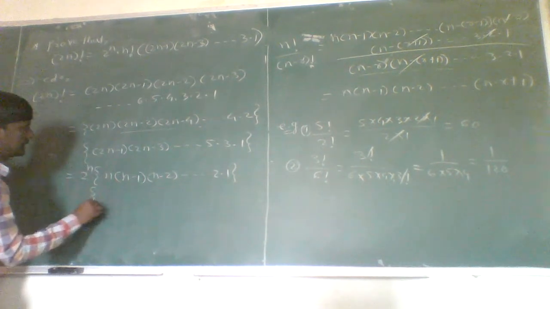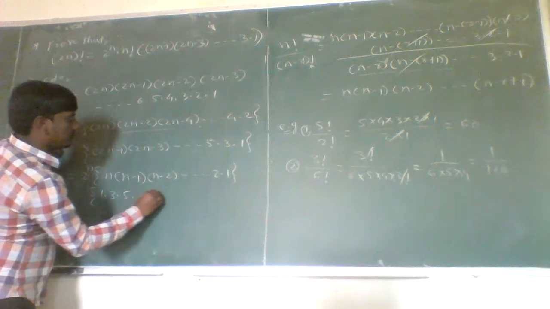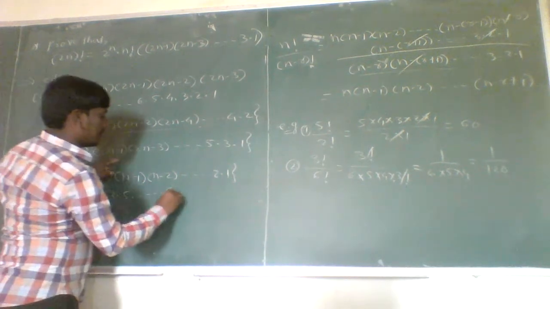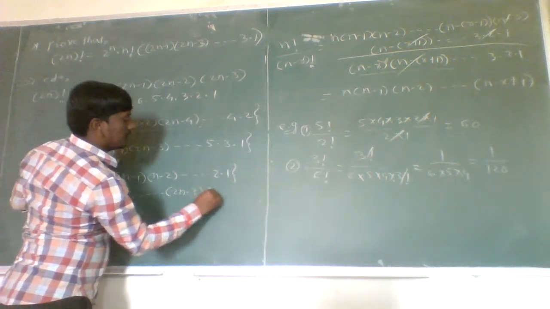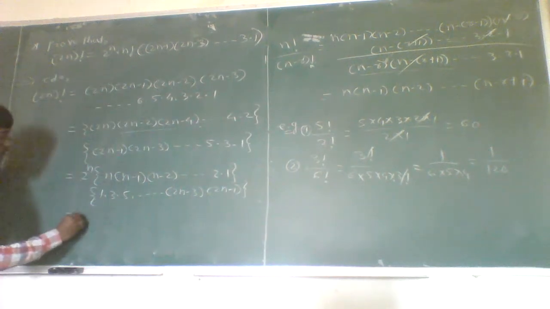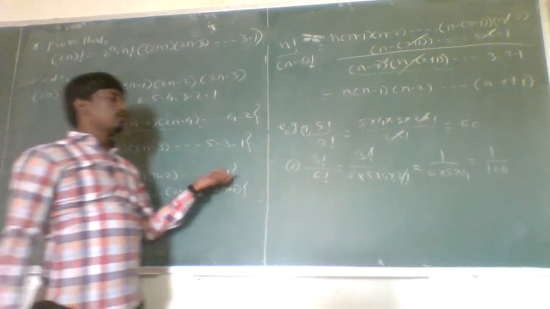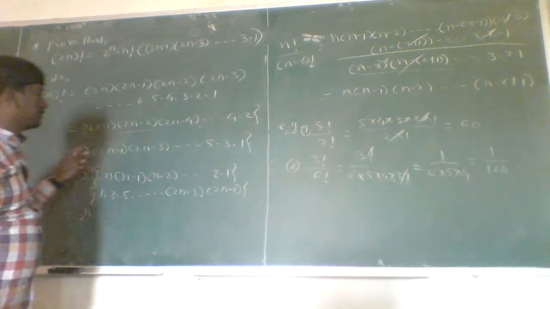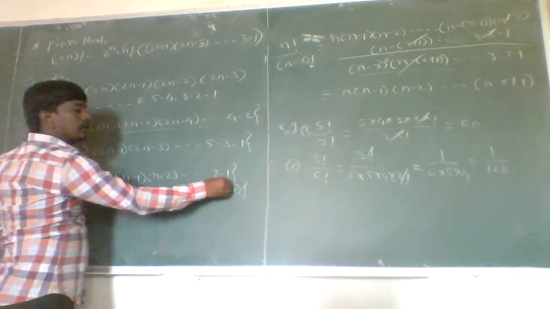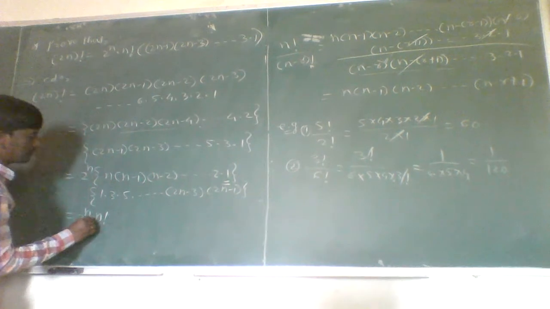And the second one is as it is, that is 1 into 3 into 5 into up to so on 2n minus 3 into 2n minus 1, which is equal to 2 to the power n into n into n minus 1 into n minus 2 into up to so on 2 into 1. That is the product of n consecutive integers starting from 1, which is nothing but factorial n.